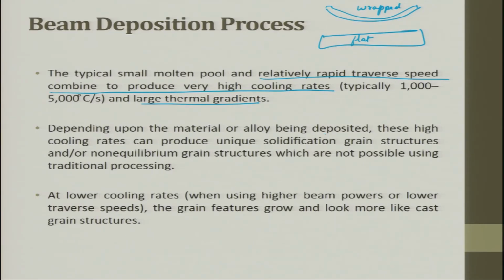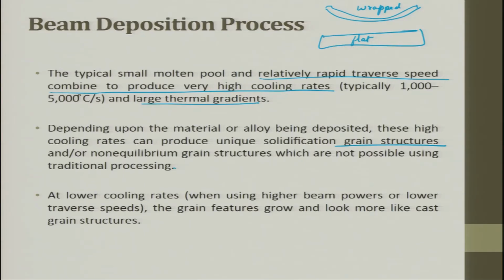Depending upon the material or the alloy being deposited, these high cooling rates can produce unique solidification grain structures and or non-equilibrium grain structures, which are not possible using the traditional process. So, we know that by extracting the heat, you can try to dictate the grain structure. If you extract heat in different directions, or if you can control the extraction of heat, you are controlling the grain structure.